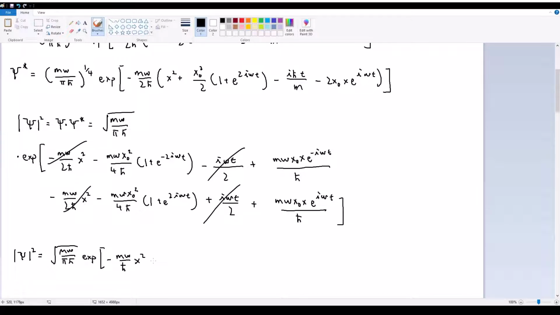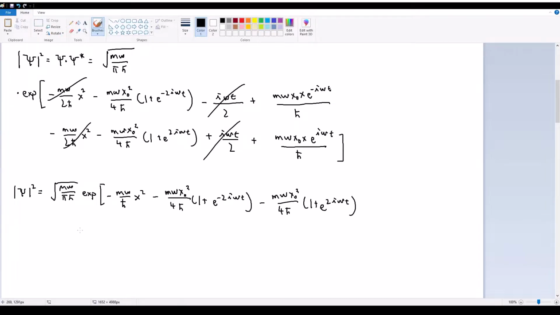We have minus m omega x naught squared over 4 h bar times 1 plus e to the negative 2i omega t, subtracted by m omega x naught squared over 4 h bar times 1 plus e to the positive 2i omega t, and then added with m omega x naught x e to the negative i omega t over h bar, added with m omega x naught x e to the positive i omega t over h bar.